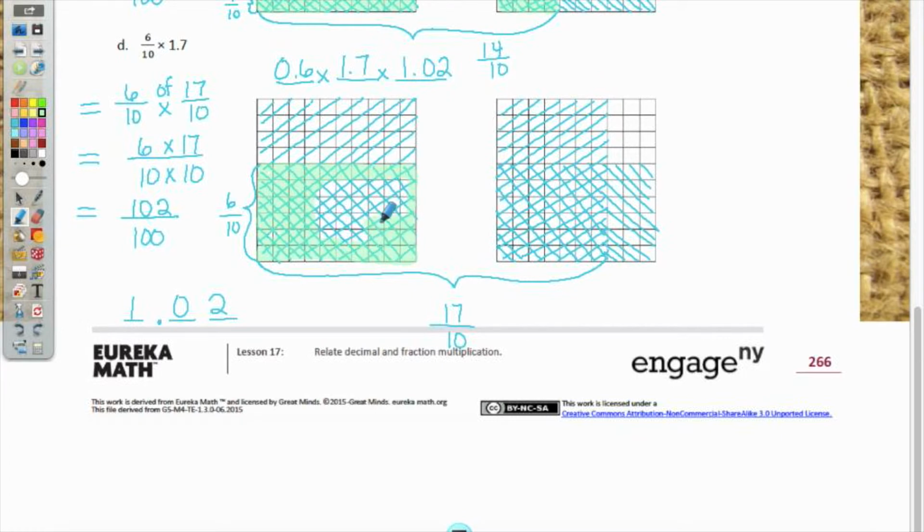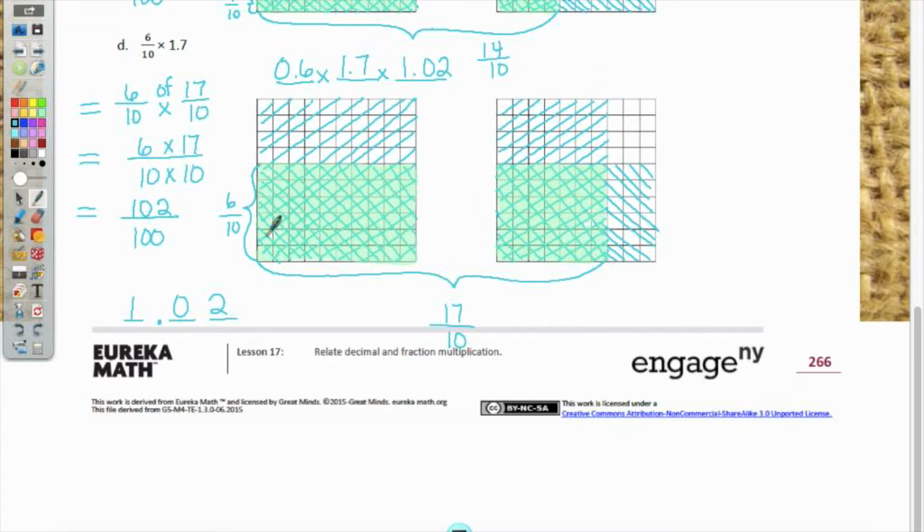There's an easy way to check to see if we did it right. Okay, so how can I check to see if this is 102?